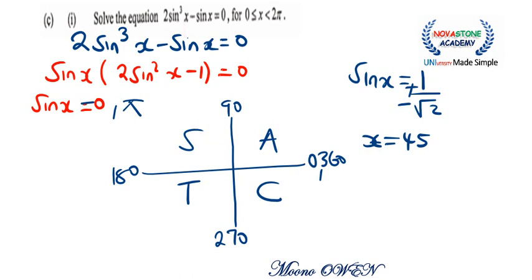Now if you're in the second quadrant, you're going to subtract from 180. So this 45, we're also going to subtract from 180 because that's where sine is also positive. So I'm going to say 180 minus 45, which is 135. So these are the 2 answers that we have.